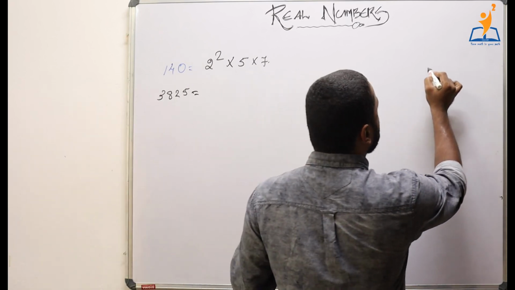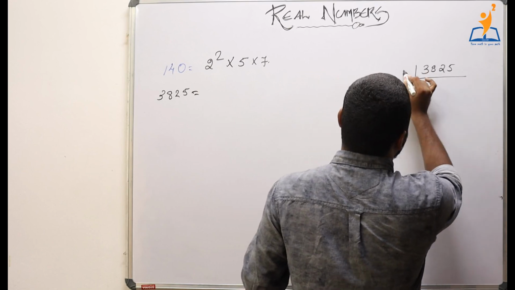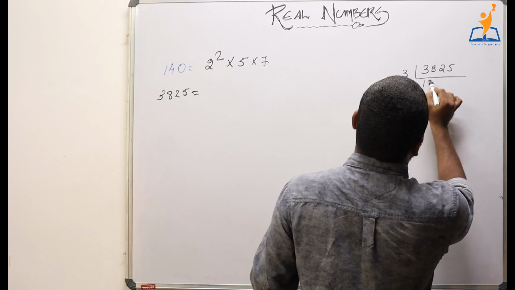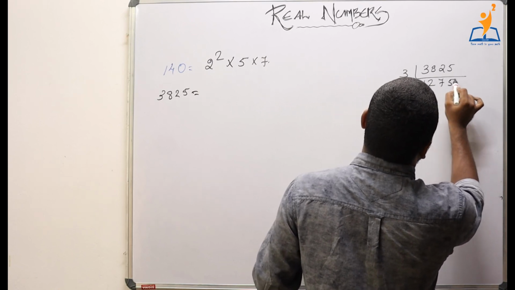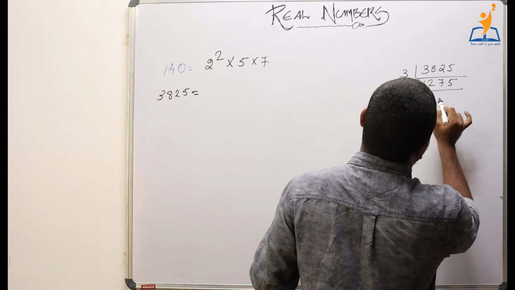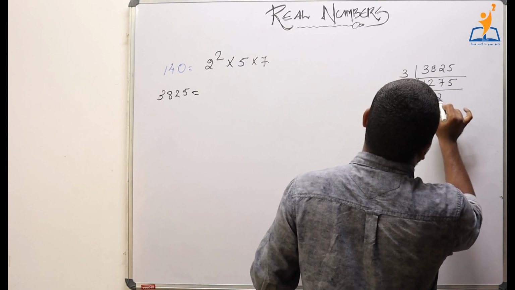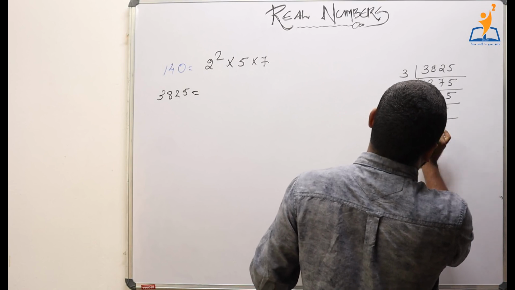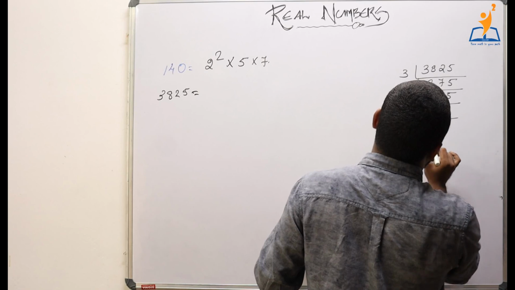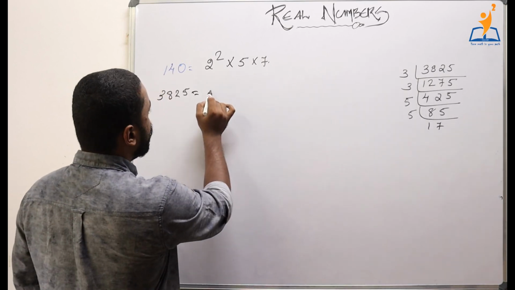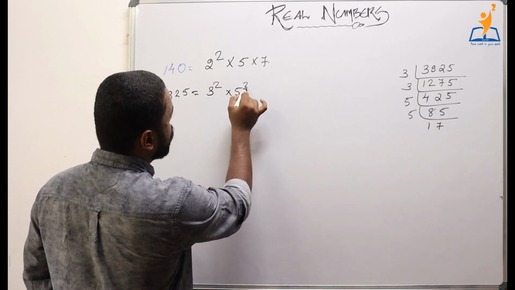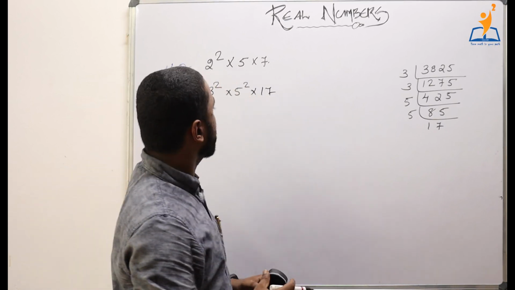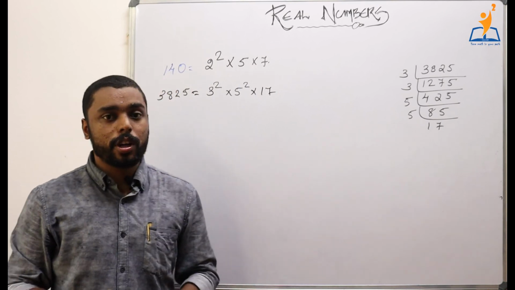So we can do this. We get 3 square into 5 square into 17.